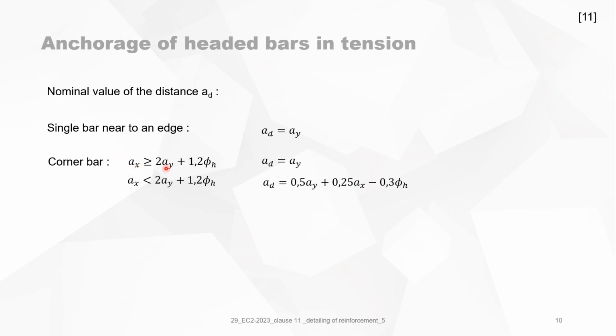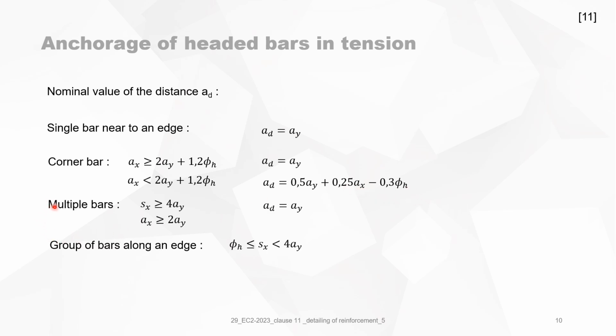When AX is bigger than 2 times AI plus 1 point something times VH, then AD is AY. Okay, that's clear. And when AX is smaller than this value, then AD is a combination of AY, AX, and VH. For multiple bars with a distance Sx, when Sx is bigger than 4 AI and AX is bigger than 2 AI, then AD equals AY.